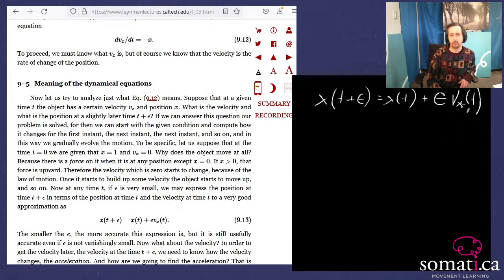Just describing a small change in the position due to a small time increase, epsilon. I'm just saying that the distance is a function of time.